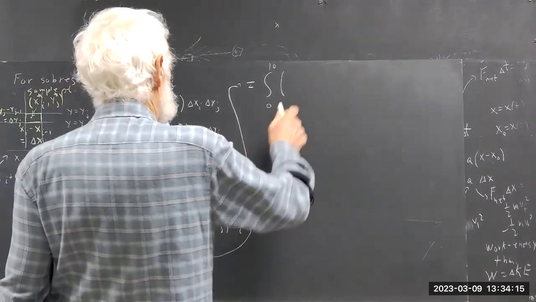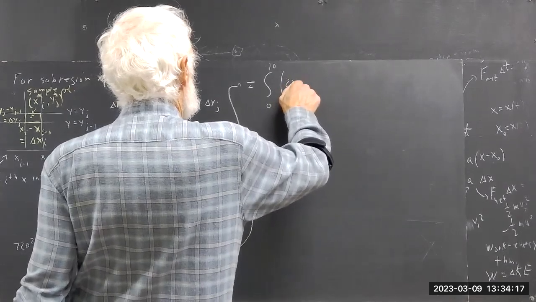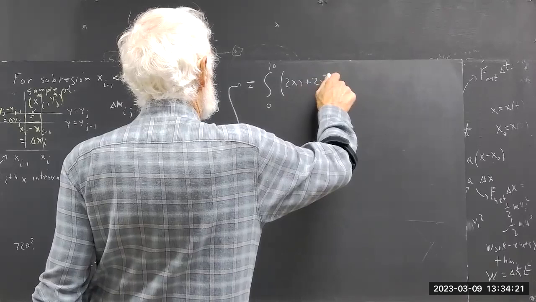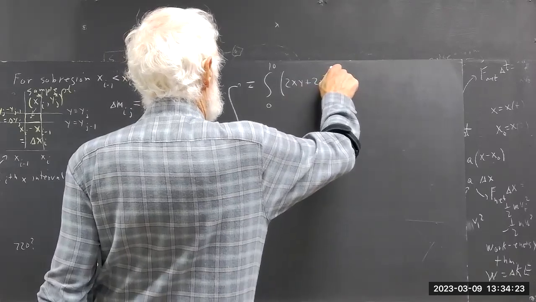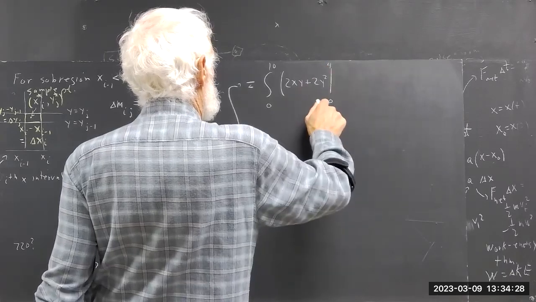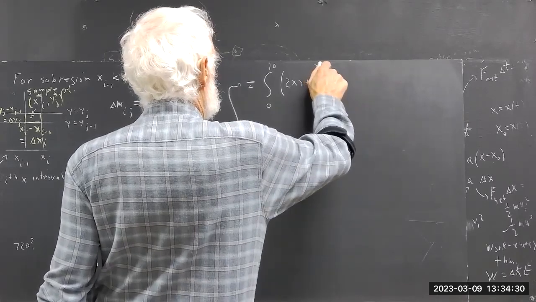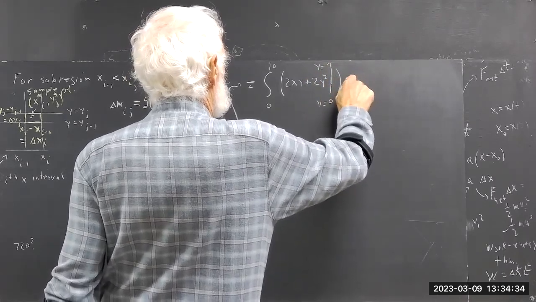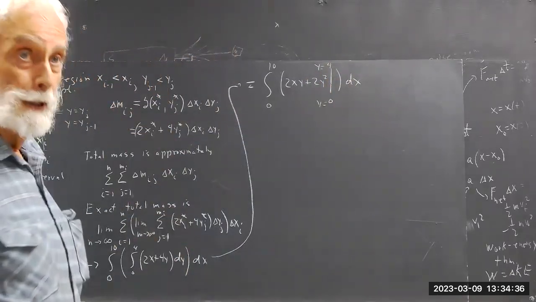So we're going to have 2xy plus 2y squared evaluated from y equals 0 to y equals 4, so you don't accidentally substitute for x.